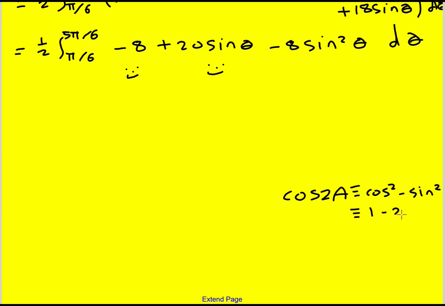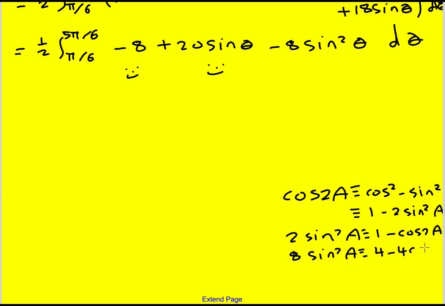We get 1 minus 2 sine squared a. Rearrange. I'm actually not going to find sine squared. I'm going to find 2 sine squared a. That's going to be 1 minus cos 2a. And I want 8. So 8 sine squared a is going to be 4 minus 4 cos 2a.